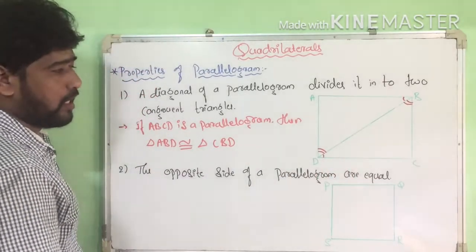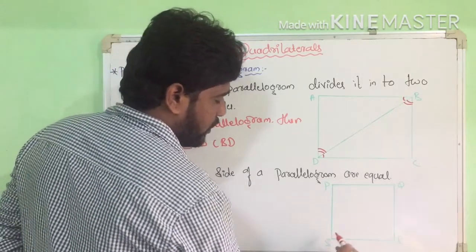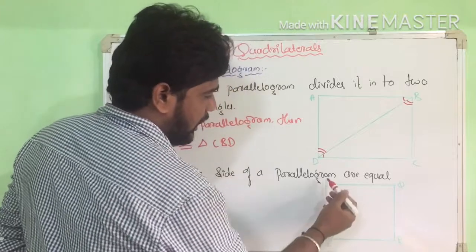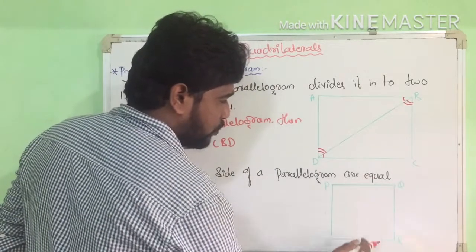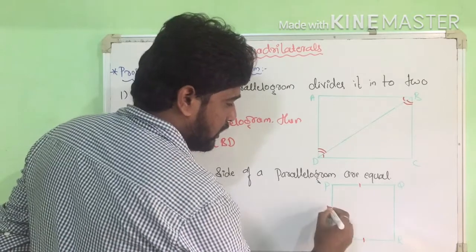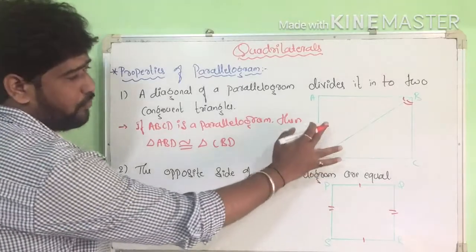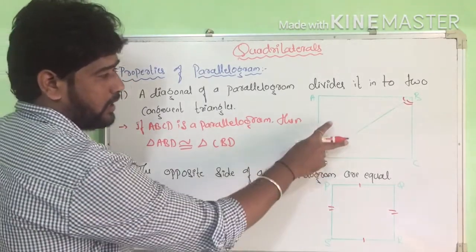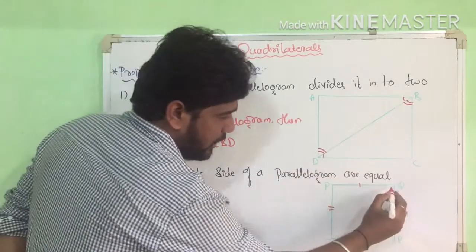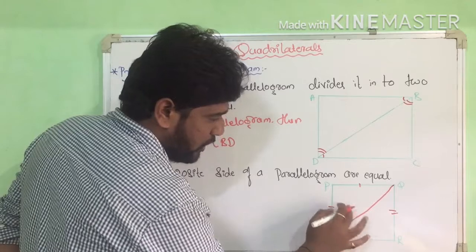The opposite sides of a parallelogram are equal. Here opposite sides means PQ is equal to SR and PS is equal to QR. We want to show these opposite sides are equal. See, already we proved the diagonal divides it into two congruent triangles, right?